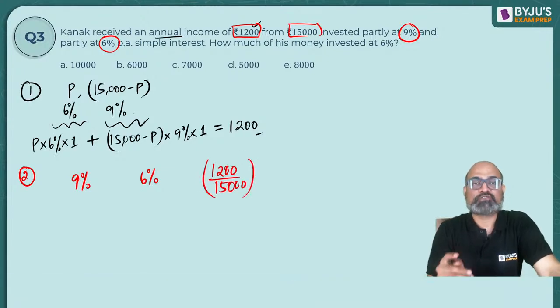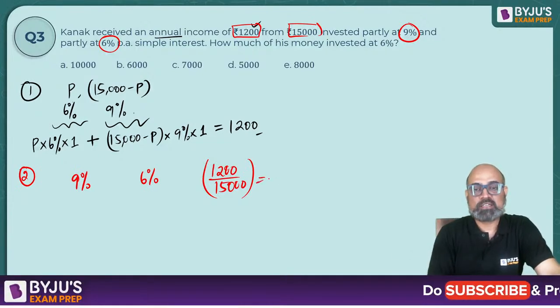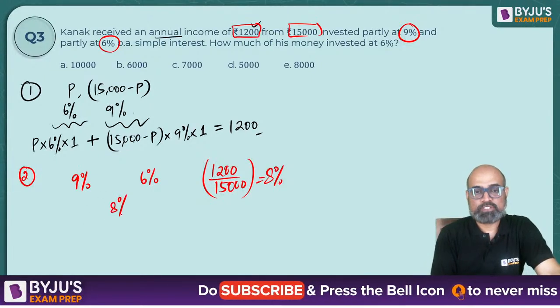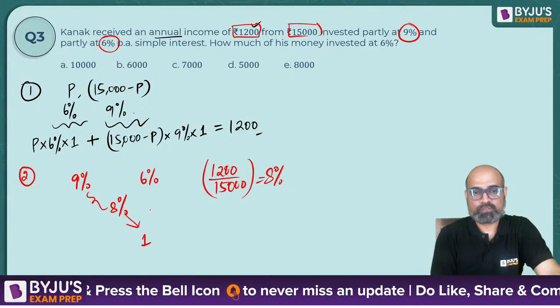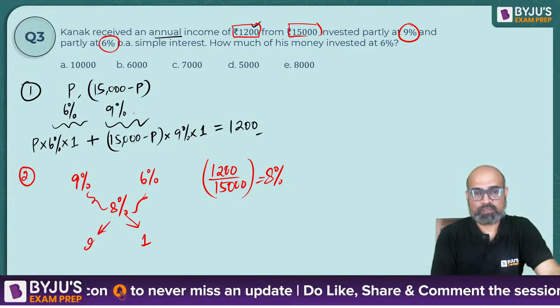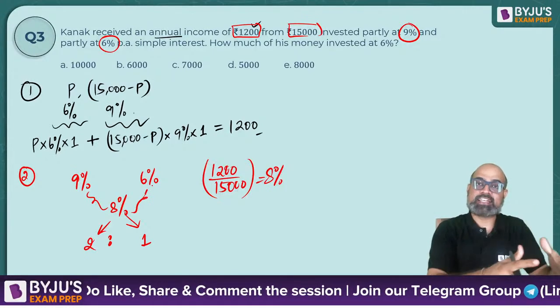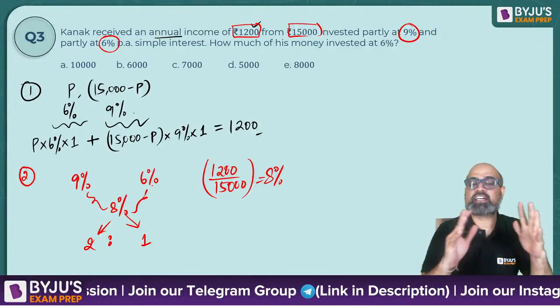So can I say if I earn 1,200 rupees on 15,000, that is nothing but 8% that I earned. So put 8% over here. Using allegation, we can say that whatever amount was invested at 9% and whatever amount was invested at 6%, they are in the ratio 2:1.